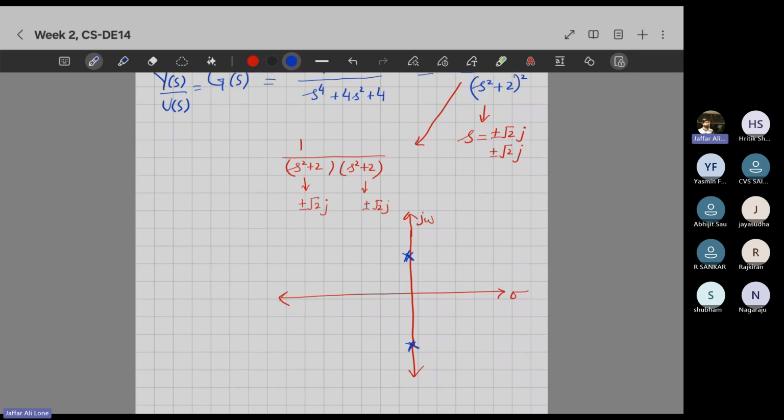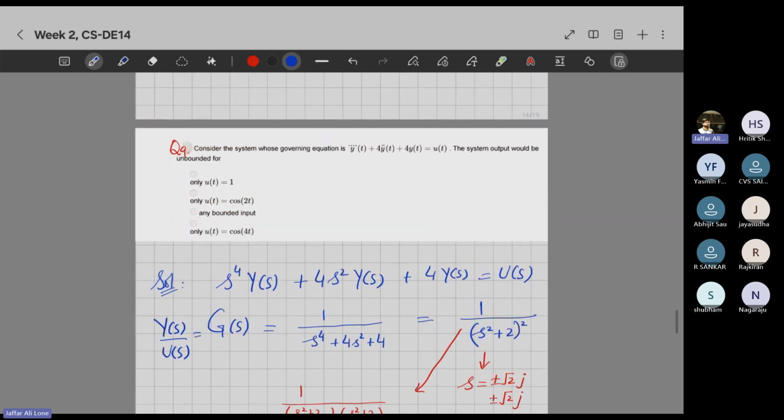The system is already unstable. So you give any input, the output will be unbounded. The input will not make it stable. Right? So you give any input, since there is a repetition on the imaginary axis, the system will be unstable for whatever input you give. So the answer is any bounded input.